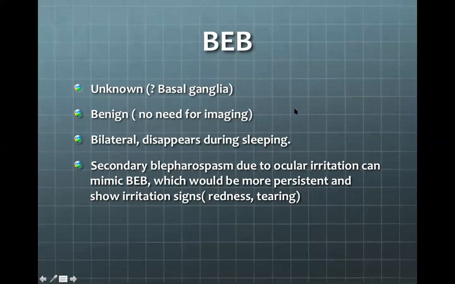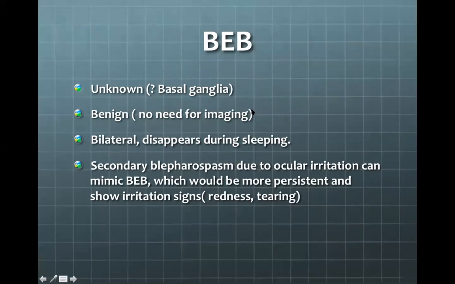So the etiology of the benign essential blepharospasm is unknown. They think that it's because of hyperexcitability in the basal ganglia, which gives you the abnormal contractures. So the name is benign and essential.